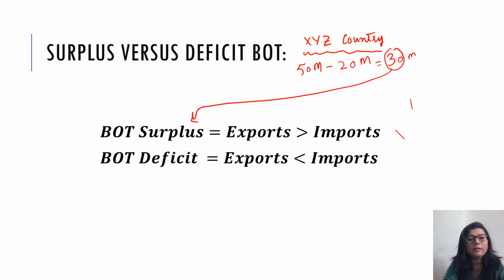On the other hand, balance of trade deficit. Deficit means when the exports are less than the imports. For example, the same XYZ country is doing exports of 30 million and imports of 50 million.